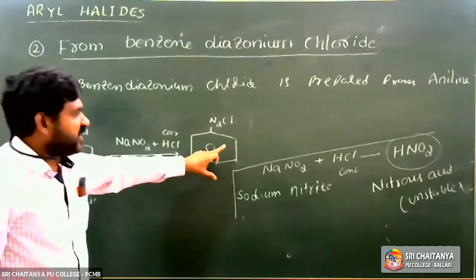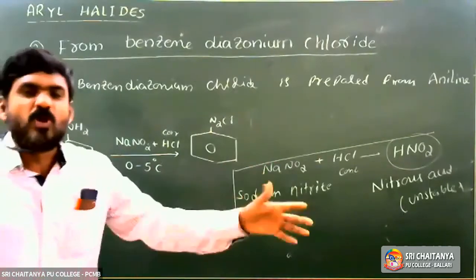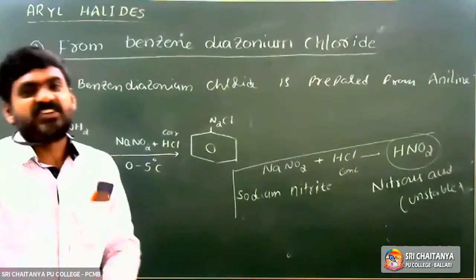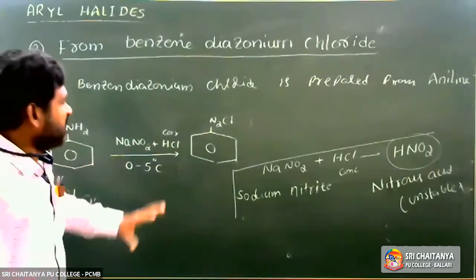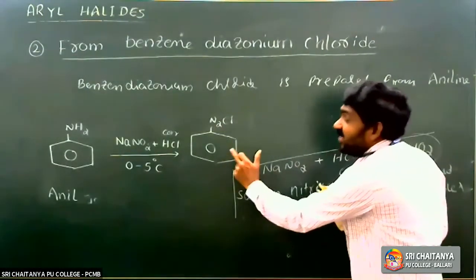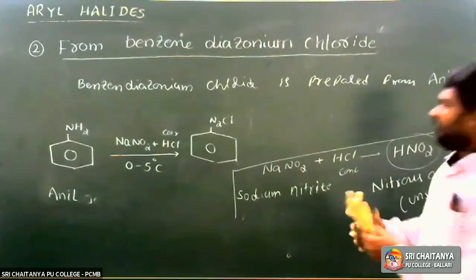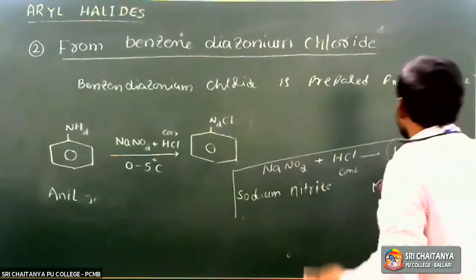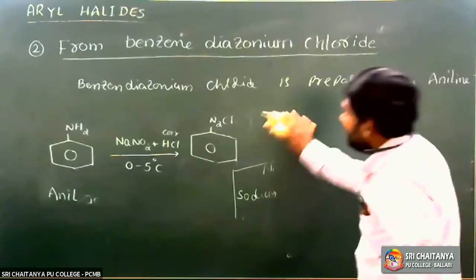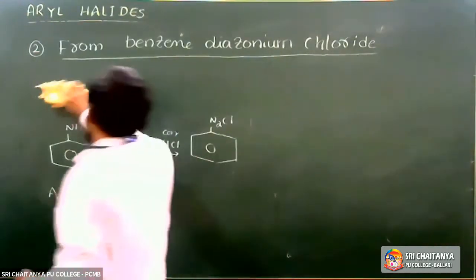From this benzene diazonium chloride, we can prepare chlorobenzene, bromobenzene, and iodobenzene. It is a named reaction. So haloarenes are prepared from this benzene diazonium chloride.